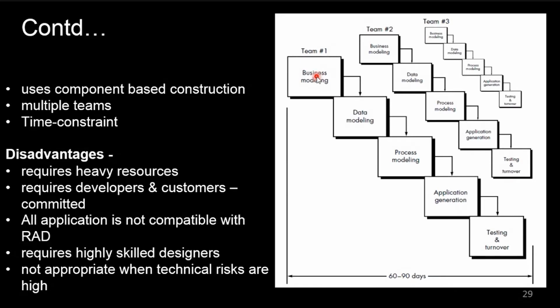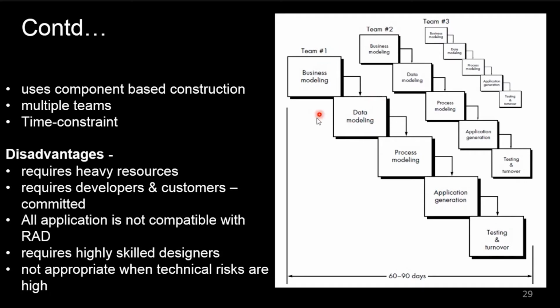After that, the data modeling phase. What is data modeling? In data modeling, the data collected from business modeling is refined into a set of data objects, a set of entities that are needed to support our business. Also, the attributes of each object, each entity are defined, and the relations between all those data objects are defined.